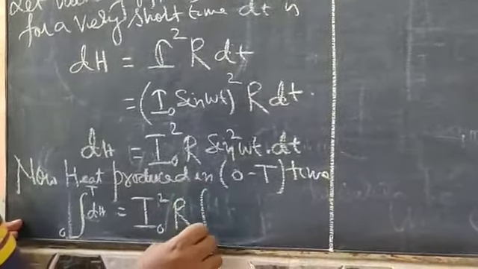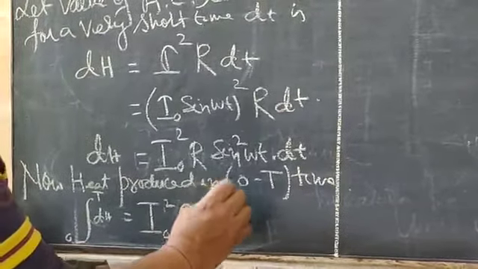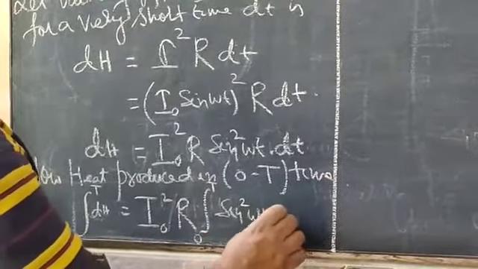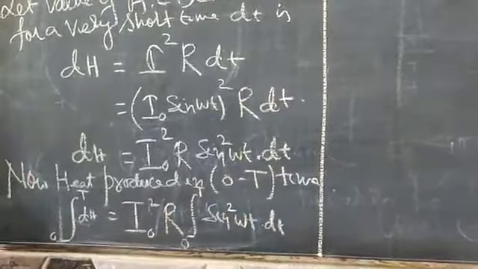So we will have the integration of sin square omega t dt on the right hand side.